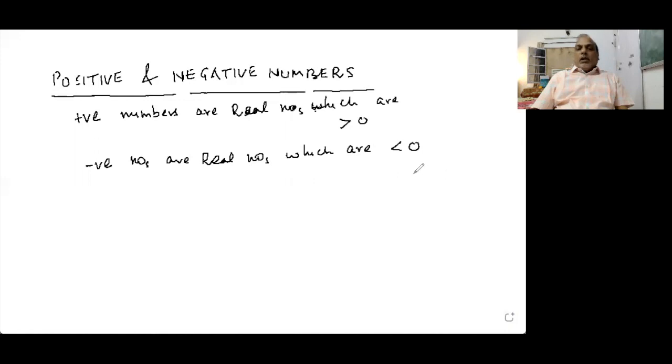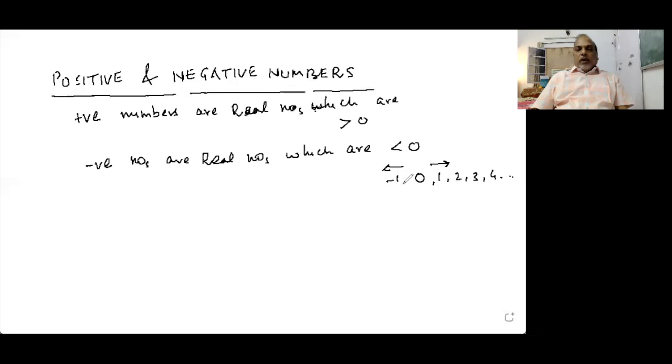As you have seen in the case of integers, from 0, this side, it goes on increasing. 2 is greater than 1, 3 is greater than 2. Like all these numbers, they are greater than 0. But what about this side?